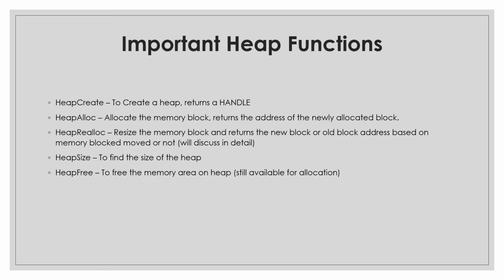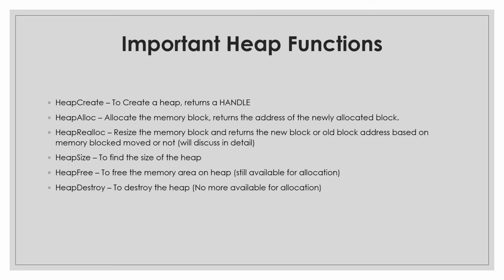Then we have the HeapFree function. With the HeapFree function, we can free the entire memory on a single heap rather than removing the memory areas one by one, just like we do in the case of linked lists or binary search trees, and when you are using the system default heap. Then we have the HeapDestroy function.